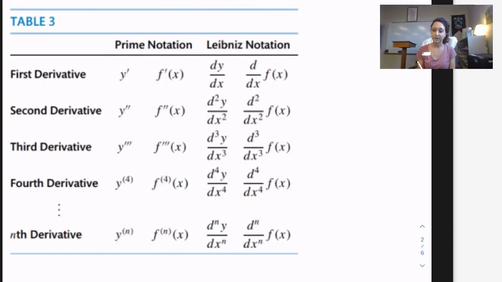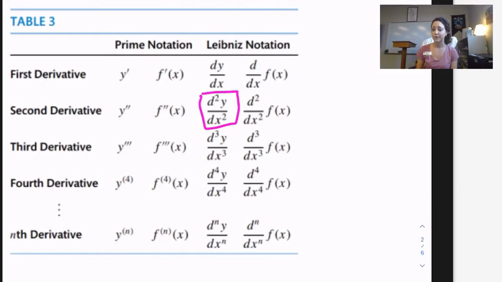You'll notice we also have Leibniz notation, and this notation can look a little bit weird at first glance. Here, I have the 2 with the d in the numerator, but then with the x in the denominator. That's because we read it as the second derivative of y with respect to x, okay? In the numerator, I'm putting the 2 with the d, and in the denominator, I'm putting the 2 with the x.